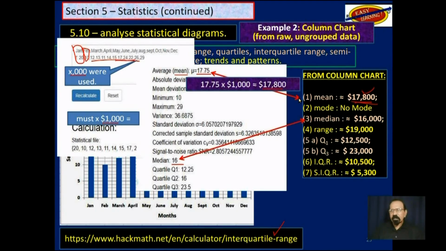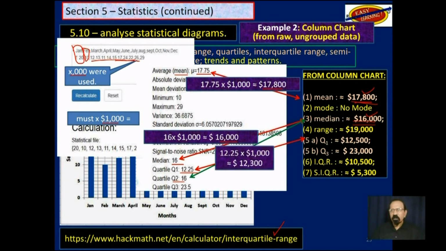Median, 16 multiplied by 1,000, which is 16,000, is what we got from the column chart. Q2, which is the same as median, 16,000. Q1, 12.25% multiplied by 1,000, which is 12,300 approximately. Here we have 12,500, very close.